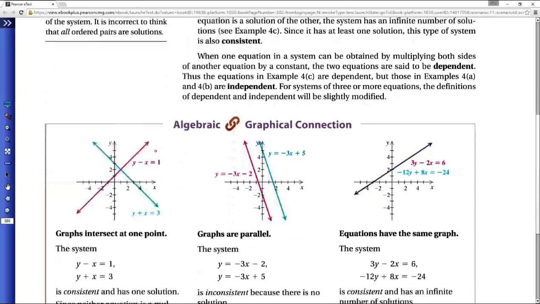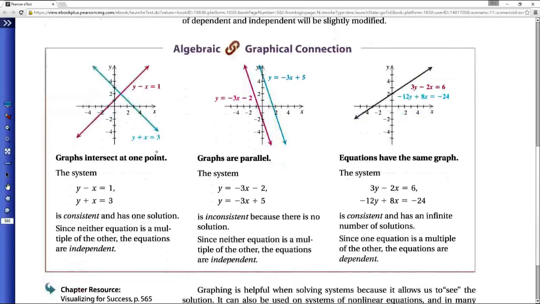So they're throwing some more terminology in here. Here is a nice little graphic that explains this stuff. Graphs that intersect at one point are consistent because they have at least one solution. And since neither equation is a multiple of the other, they are independent.